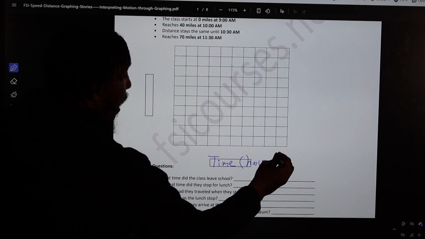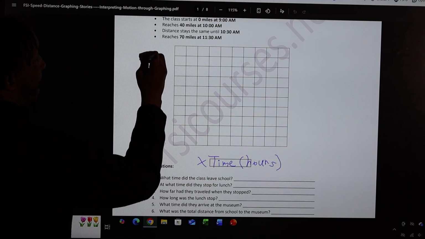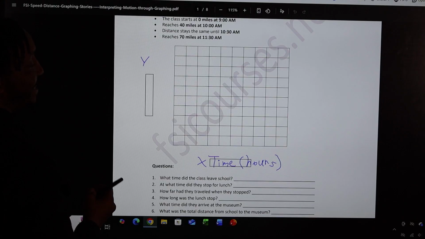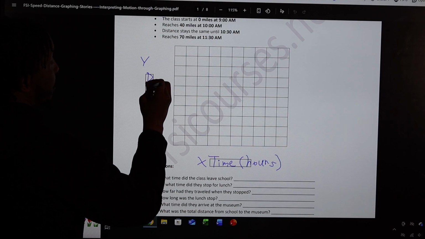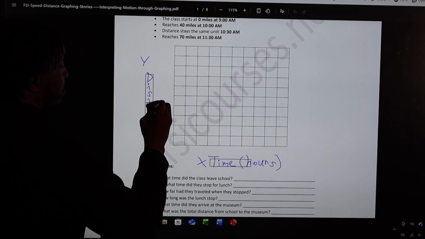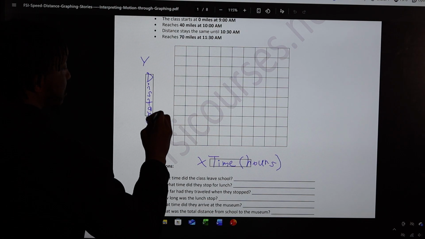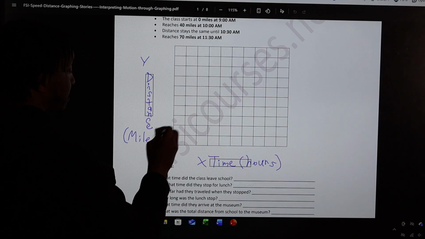And then on our y-axis is actually going to be distance. So I'm going to put my distance right here, and the distance is actually measured in miles. So I put miles right here in parentheses.